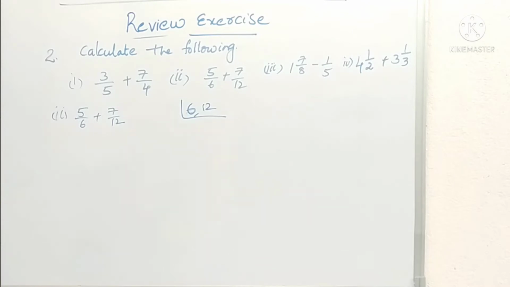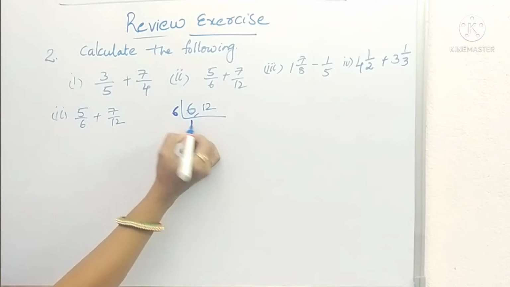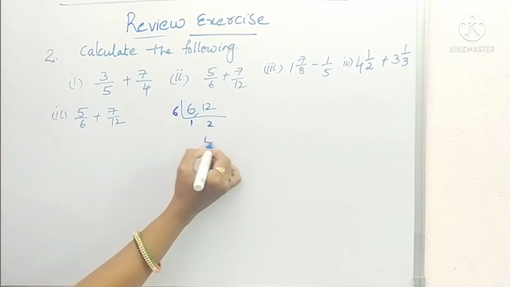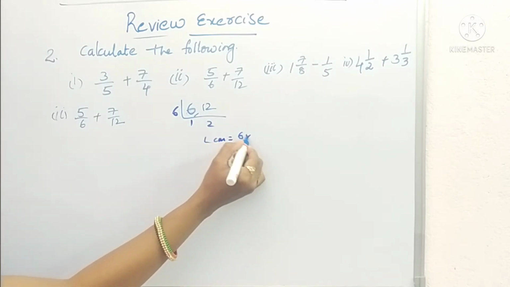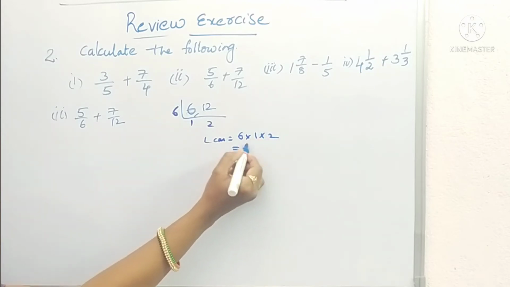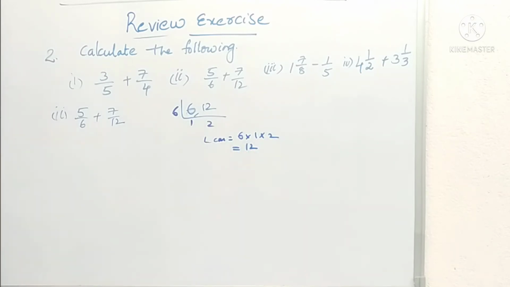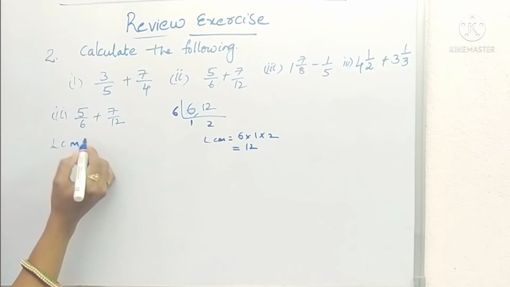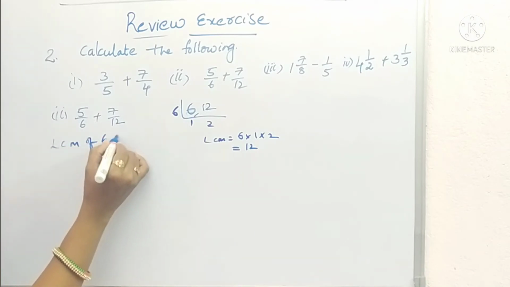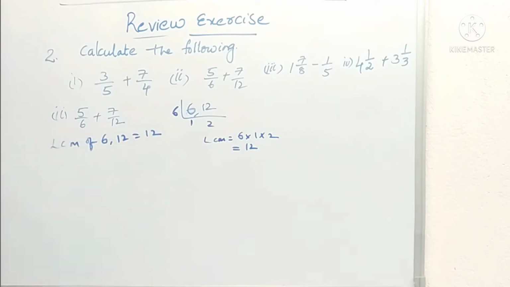It will come in the 6 table, in the 2 table also. 6 ones and 6 twos. So now LCM is equal to 6 into 1 into 2, that is 12. Right?